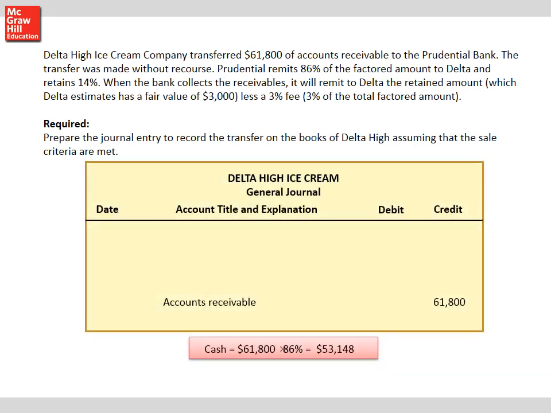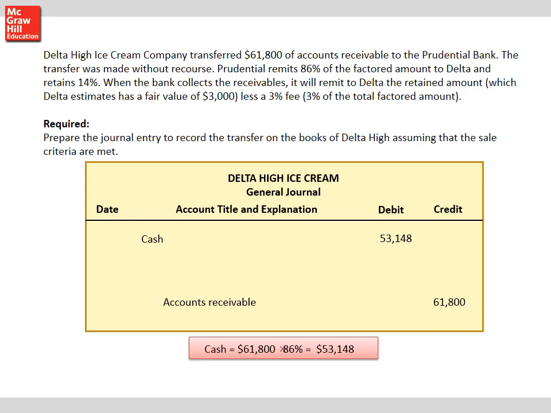So first of all, Delta Ice Cream will credit accounts receivable for the full amount. They no longer own them. Prudential now owns them. But they're only going to debit cash for 86% of their value. So they gave up quite a bit of money there, a couple thousand, to get their cash quick. They have all these accounts receivable waiting to be collected.